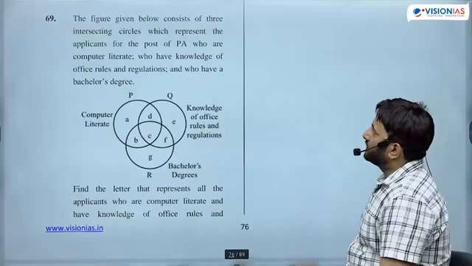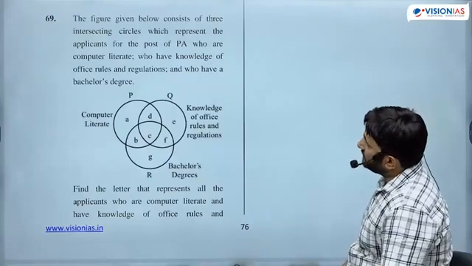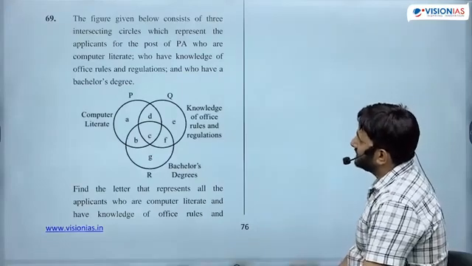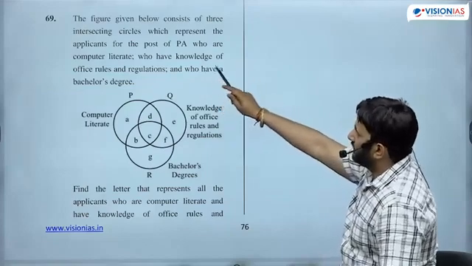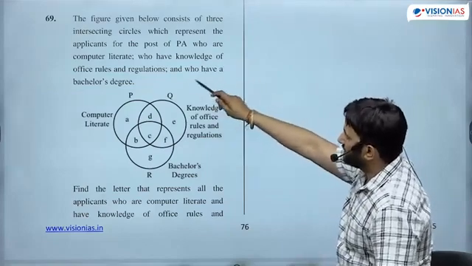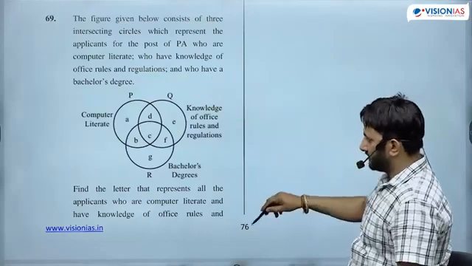The given figure consists of 3 intersecting circles which represent the applicants for the post of PA who are computer literate, having the knowledge of office rules regulation and have a bachelor's degree.